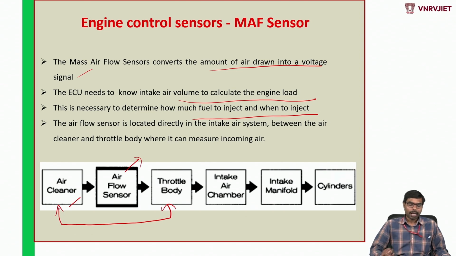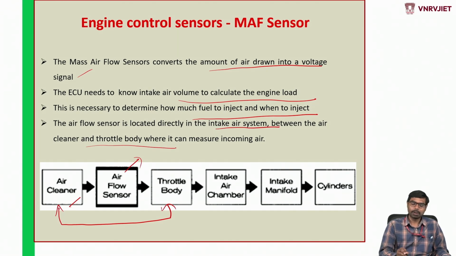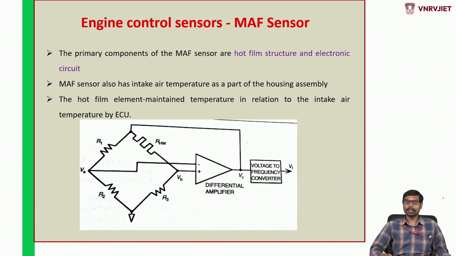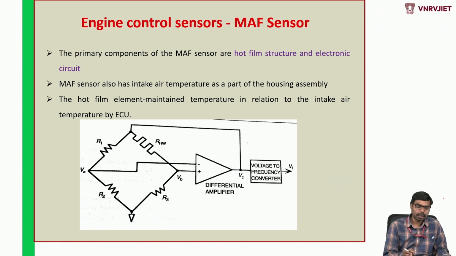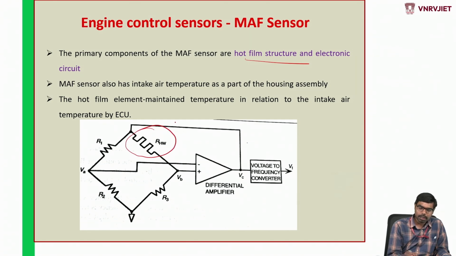Okay. As I mentioned, it is directly in the intake air system between the air cleaner and the throttle body. This point I already mentioned. Inside the airflow sensor, if you observe, there is a hot film structure, an electronic circuit kept in a Wheatstone bridge.